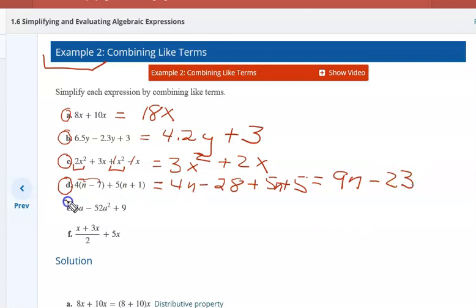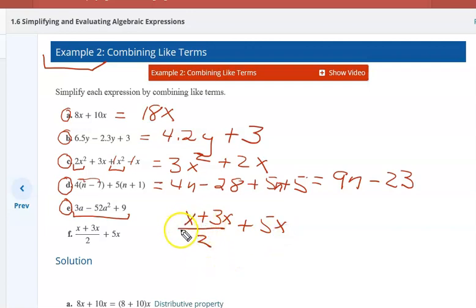Now, as we look at example E, there are no like terms, so this is as far as you can go. That would be the answer to E in number 2. All right, now this one I'll write out for you. X plus 3x over 2 plus 5x.